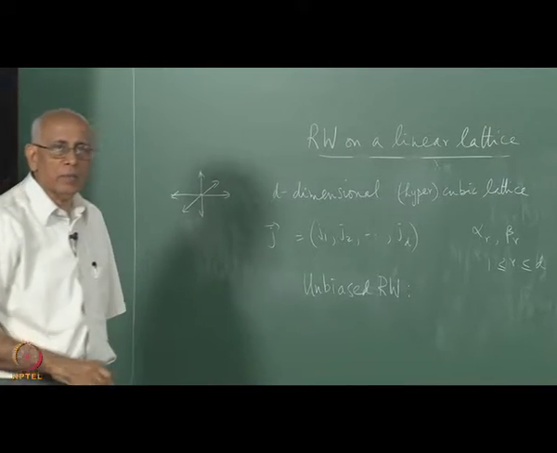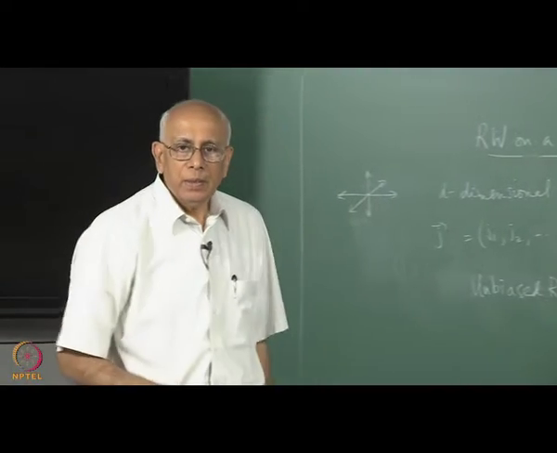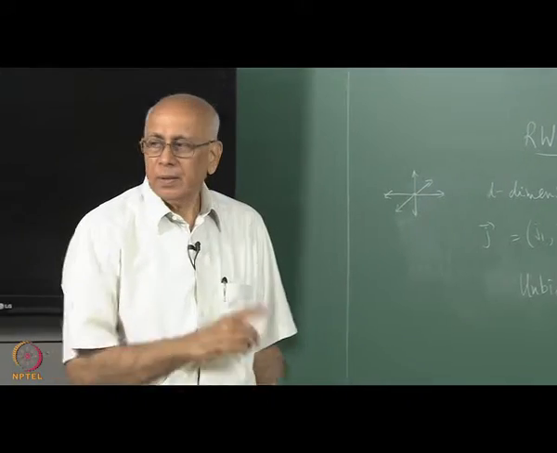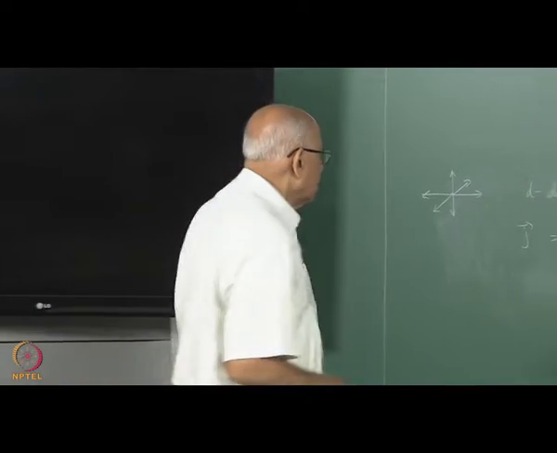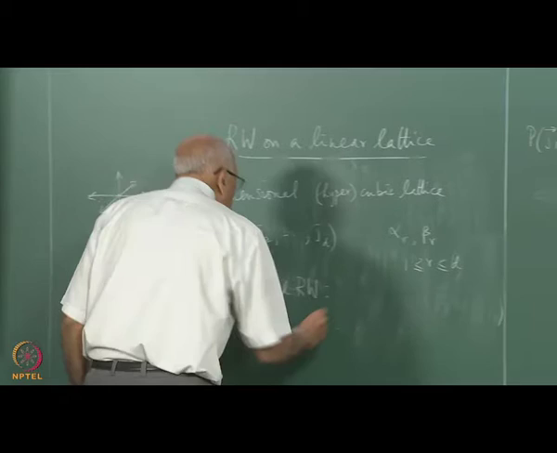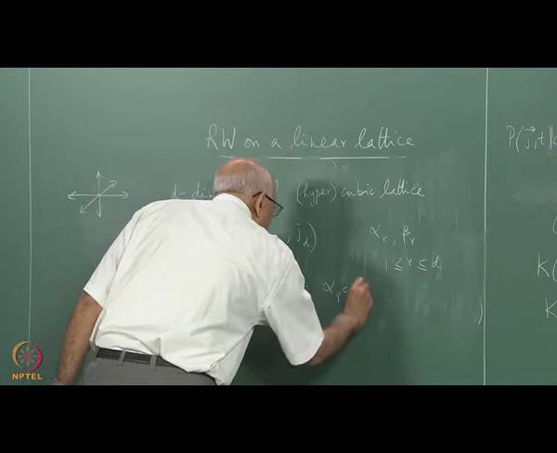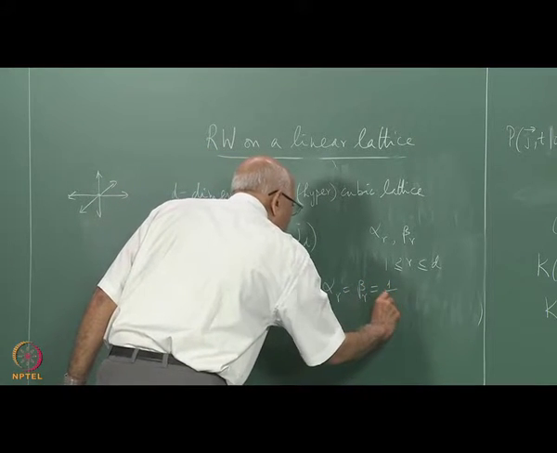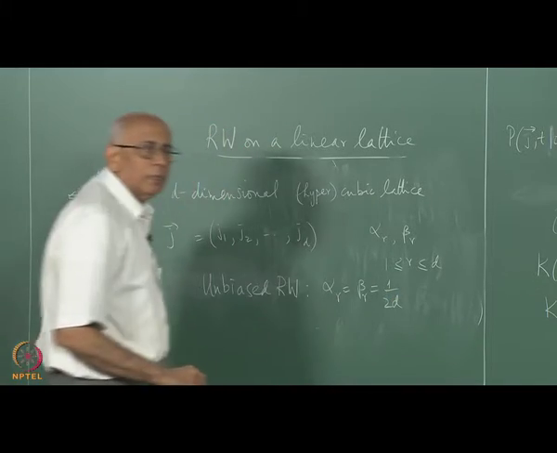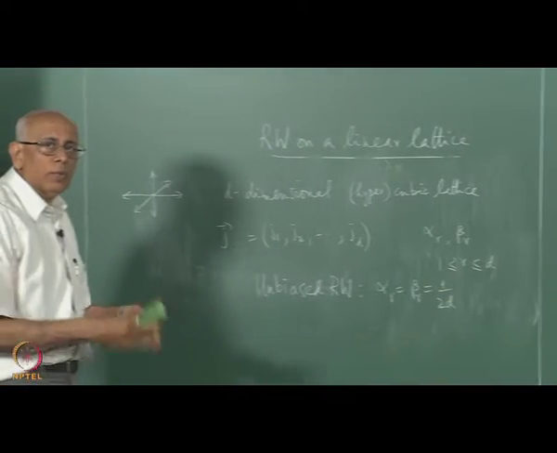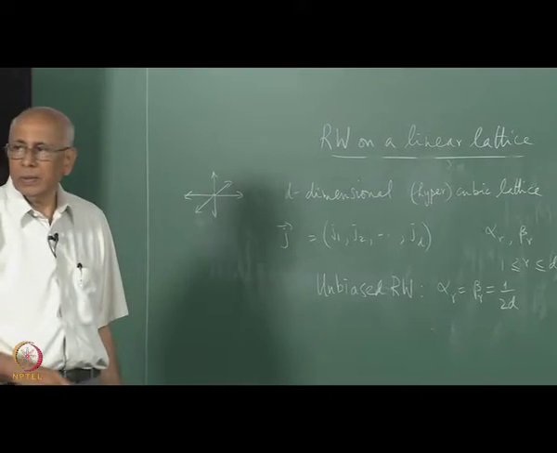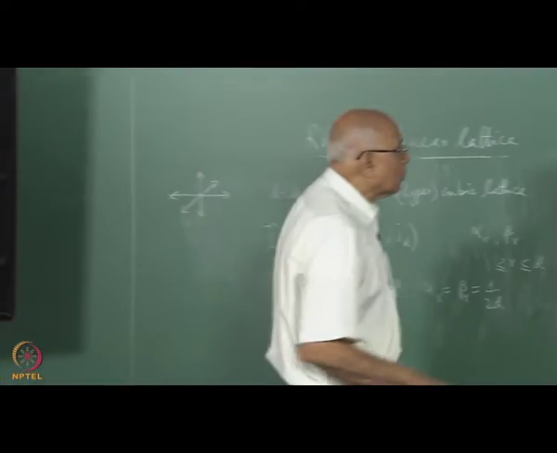So there are 6 nearest neighbors in 3 dimensions. In d dimensions there are 2d nearest neighbors, right. So for an unbiased random walk, alpha r equal to beta r equal to 1 over 2d. So when you sum over all these 2d numbers you get unity. Okay. Then what would this become?